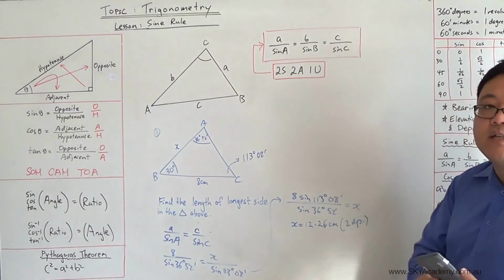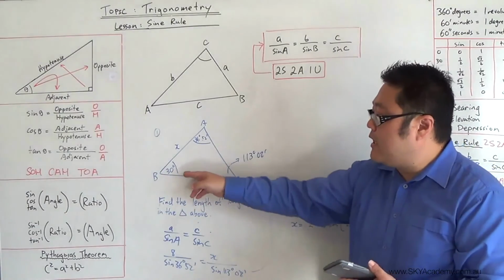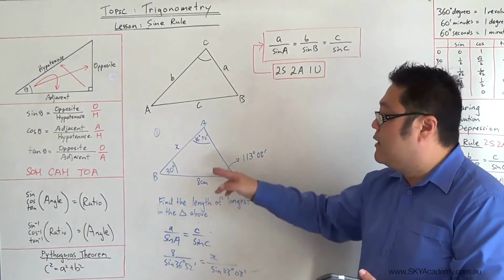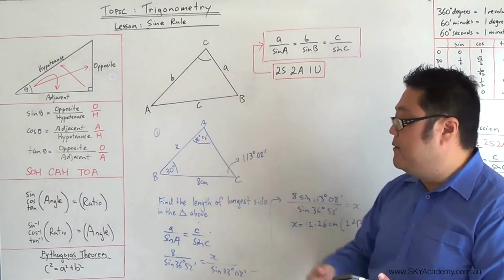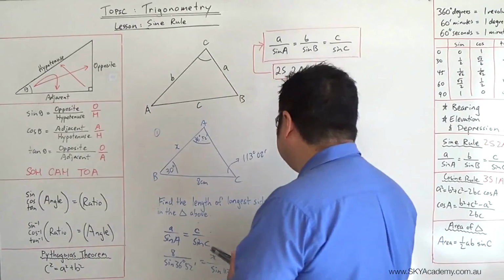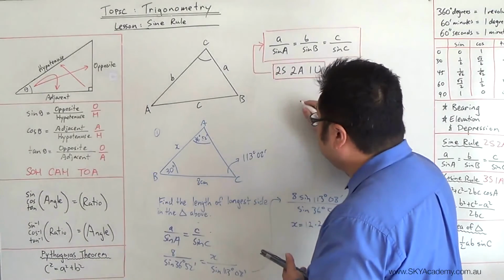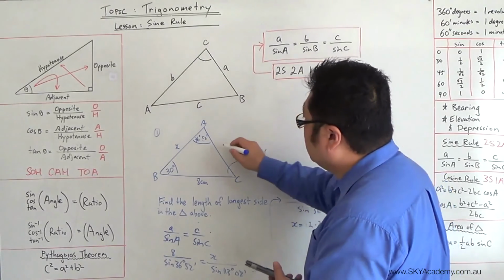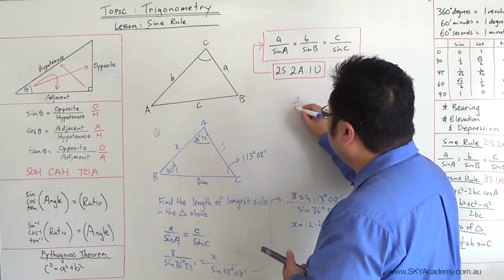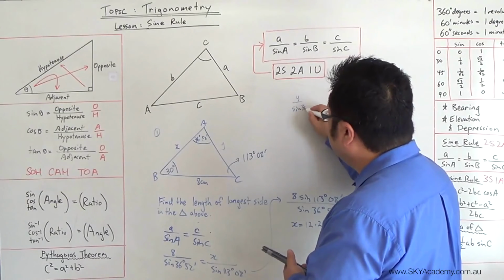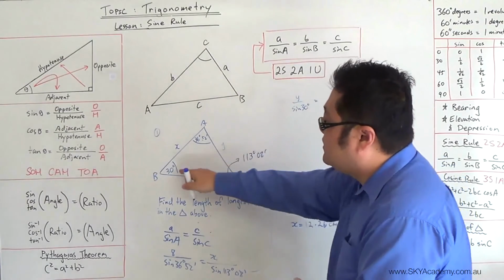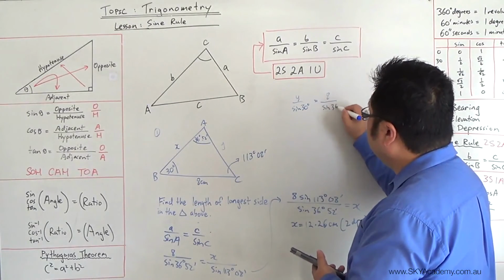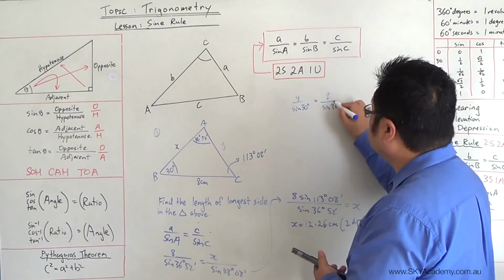Just to check whether this is the longest side or not, let's work out this other side. Let's call this y. y on sine 30 is going to be 8 on sine 36 degrees 52 minutes.